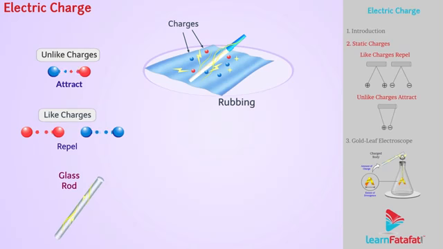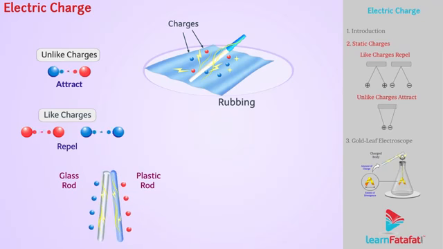Clearly, the glass rod and plastic rod must have opposite charges. Furthermore, if a charged glass rod and a charged plastic rod are brought in contact with each other, they lose their charge and hence no longer attract each other.